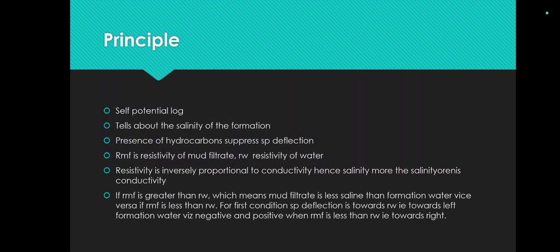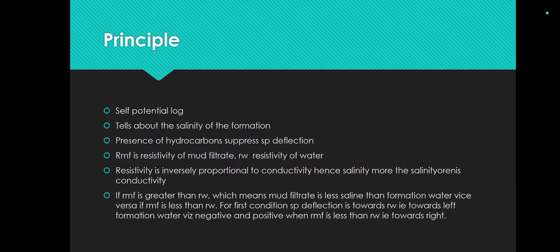So basically there are two conditions while reading the SP log, that is left deflection and right deflection. For that, if RMF is greater than RW, it means mud filtrate is less saline than formation water, and vice versa if RMF is less than RW.